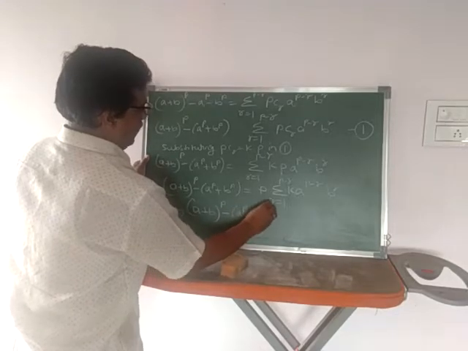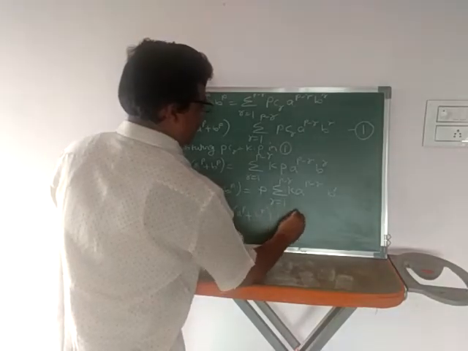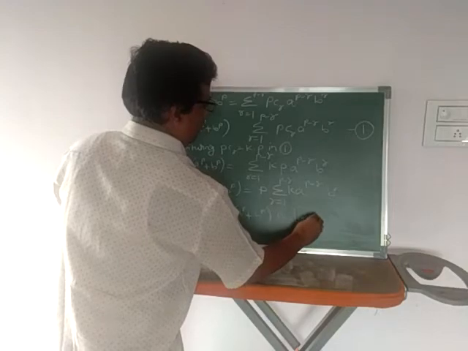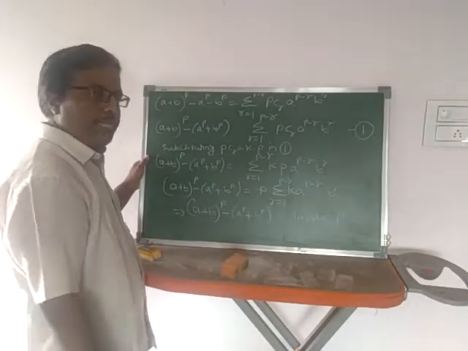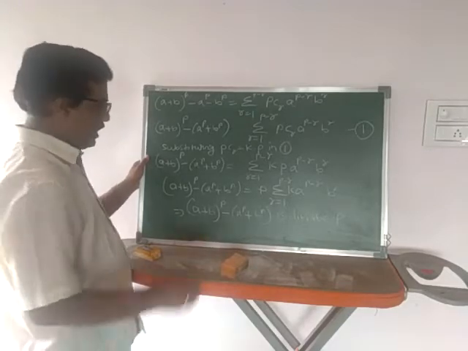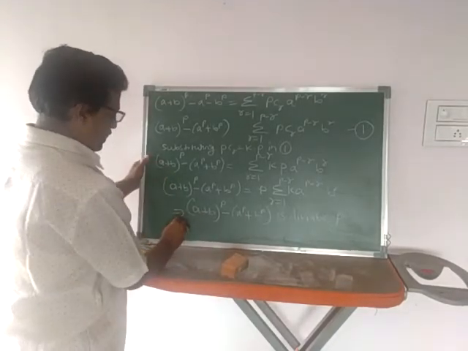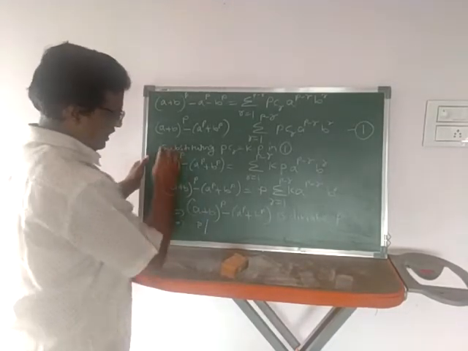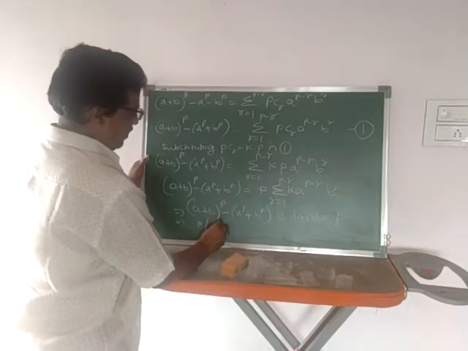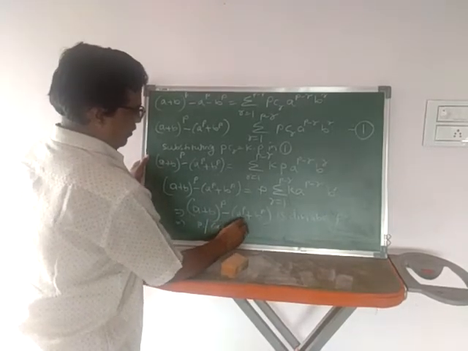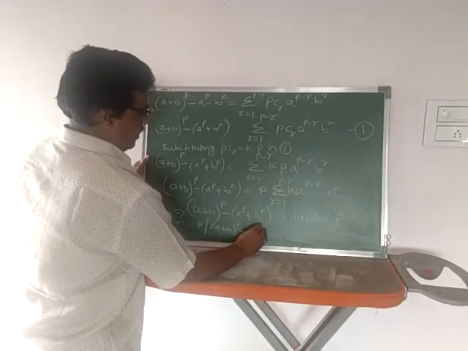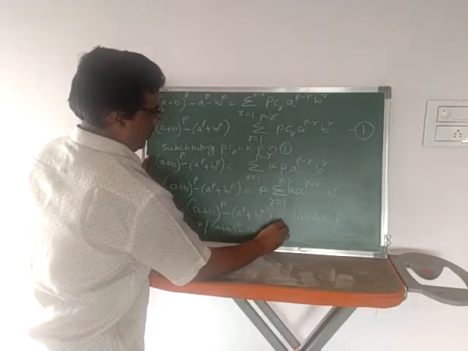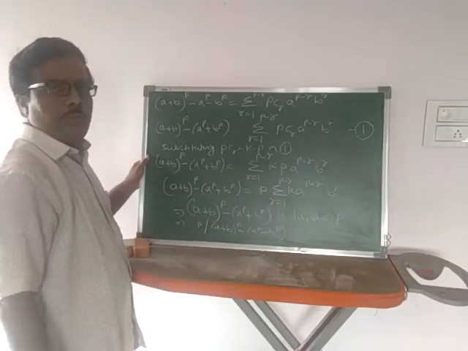plus b raised to p) is divisible by p. Okay, so this means p divides (a plus b) whole raised to p minus (a raised to p plus b raised to p).